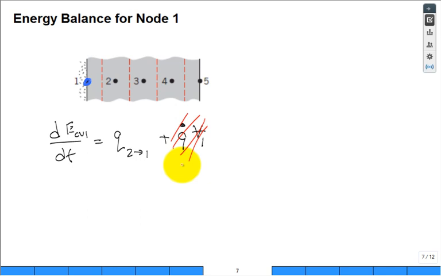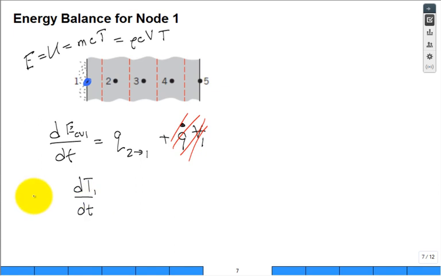Yes, it is. And so how is this energy represented? Well, the energy is the internal energy, which is the mass times the specific heat times temperature, right? Or you could write it as rho C V T, and then you're going to do the time derivative. Is the mass or the density or the specific heat or the volume changing with time? No. So the derivative only lands on the temperature of node 1 with respect to time, and we have the rho and the C and the volume associated with node 1 outside.